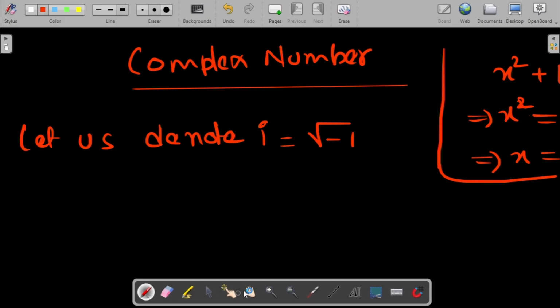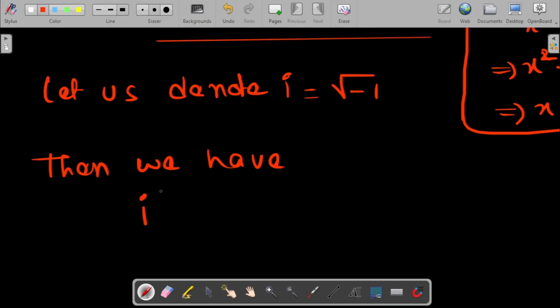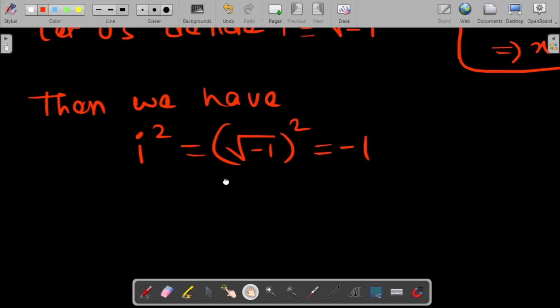Then we have i squared equal to what? i squared equal to square root of minus 1, squared. This gives minus 1.